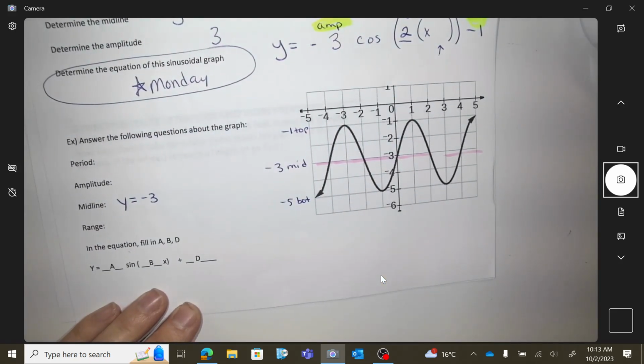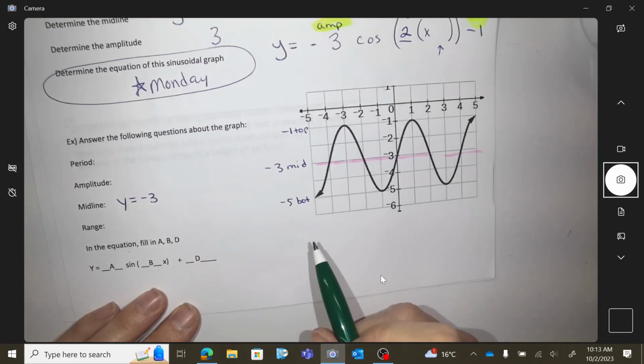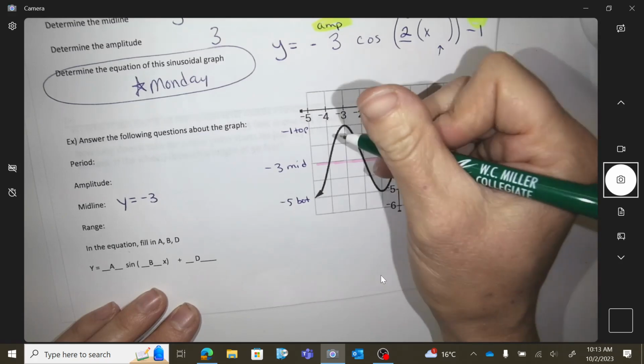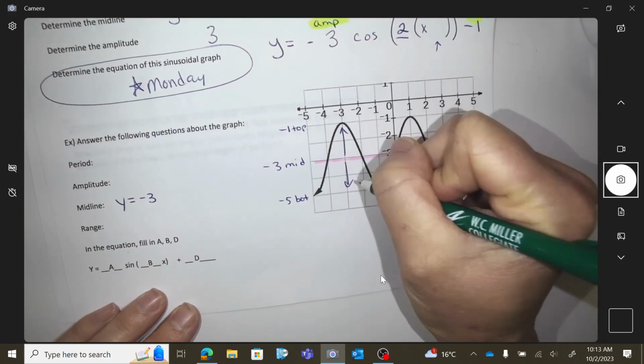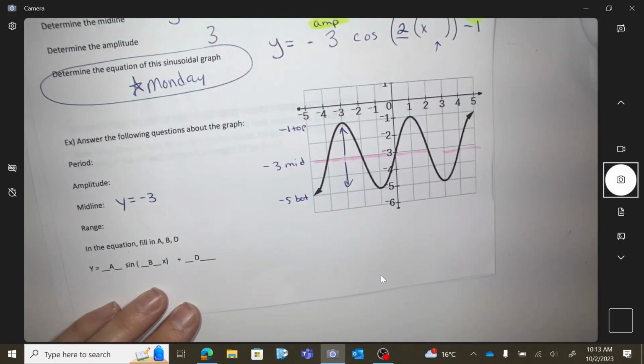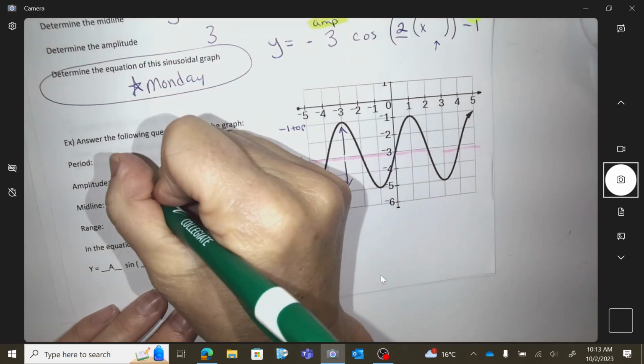I'm always going to write y equals. And what is our amplitude? So that is this. How much am I going above it and below it? Doesn't matter which way, above it or below it. What's the stretch away? Did you write 2?